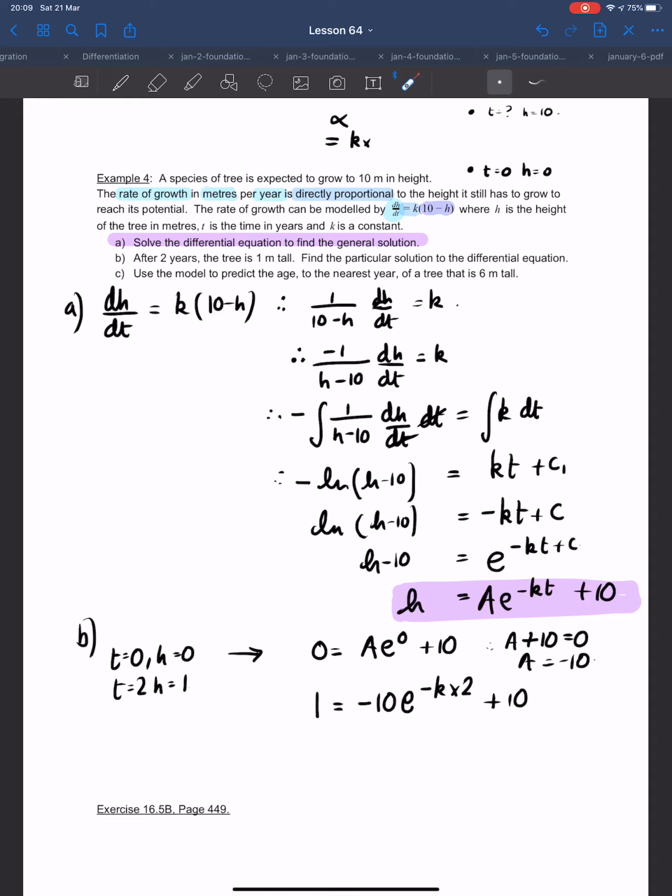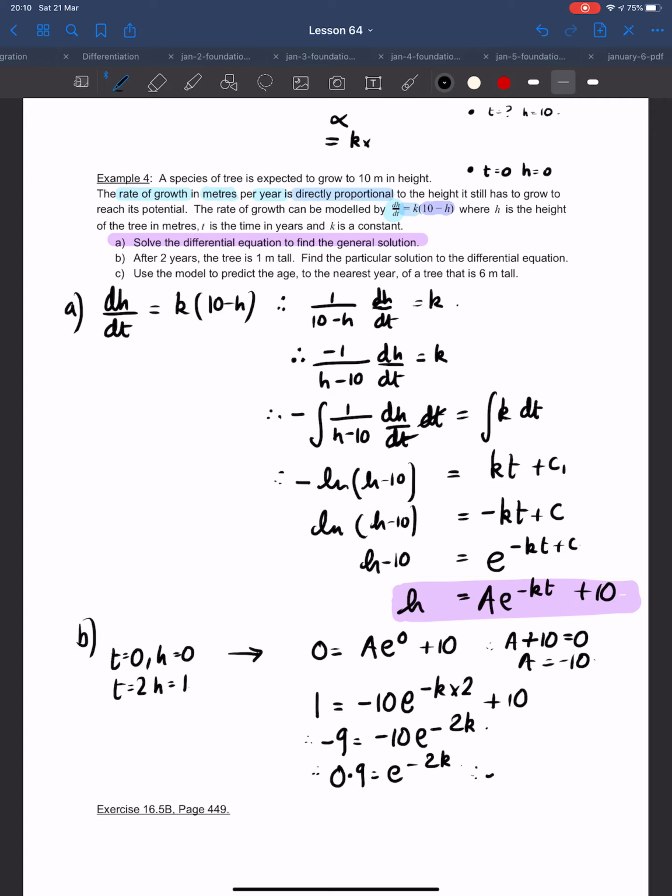Plus 10 is part of the equation. So therefore, take 10 from each side, minus 9 is minus 10 e to the minus 2k. Divide both sides by minus 10, so 0.9 is e to the minus 2k.